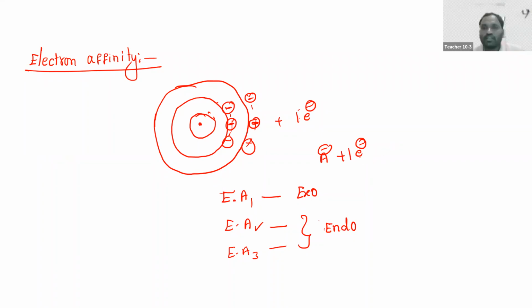That time we have to apply energy to add the electron. So it is an endothermic process. Hope you understood, students. EA2, EA3 are endothermic processes.